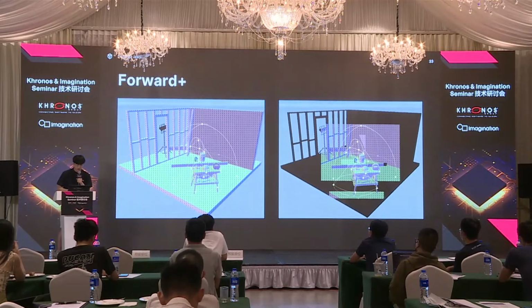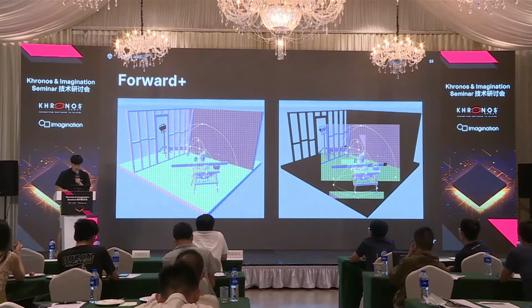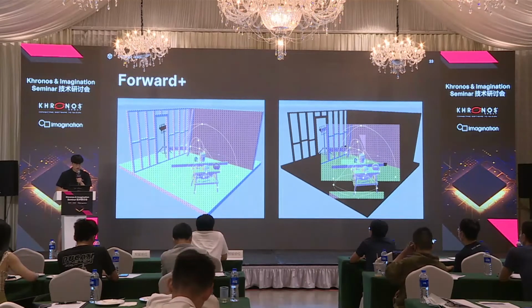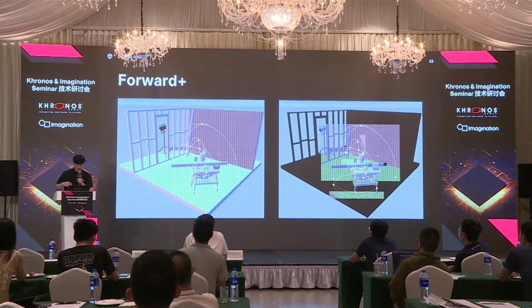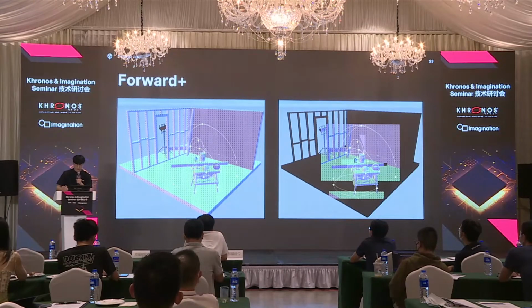So is there a way to overcome the limitations of forward rendering and deferred rendering, but still have the ability to handle multiple lighting sources? Well, we have to mention the next generation multi-lighting rendering technology, Forward Plus.